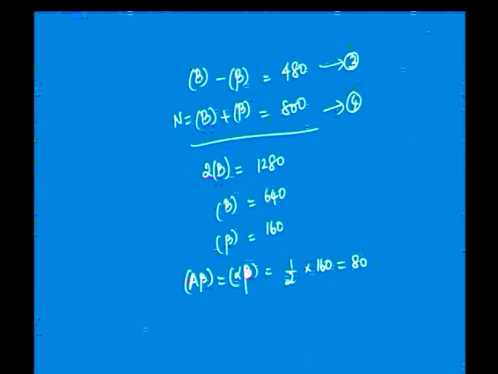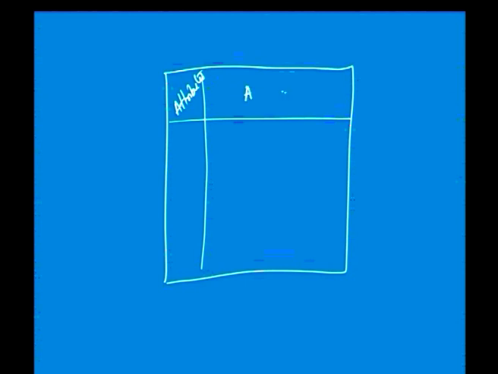We will prepare a 2 cross 2 contingency table from the information drawn from the question. Attributes A, alpha, then this is total, this is B and beta. Then total of A, total of alpha, and total of B, total of beta.